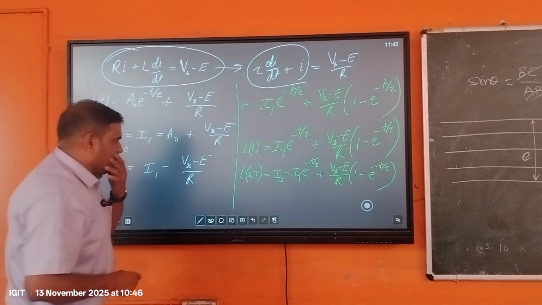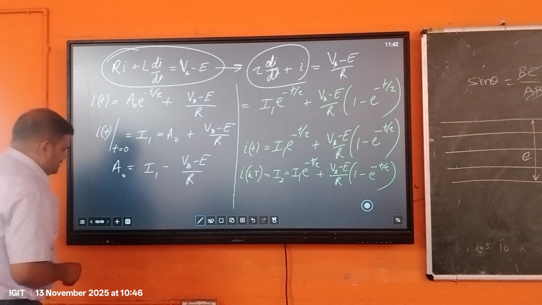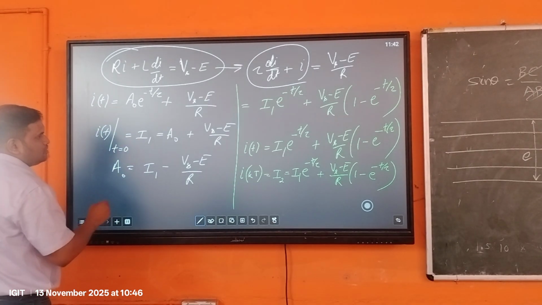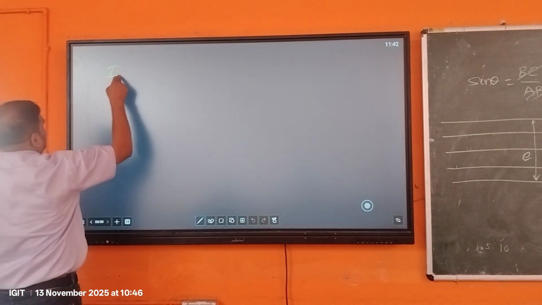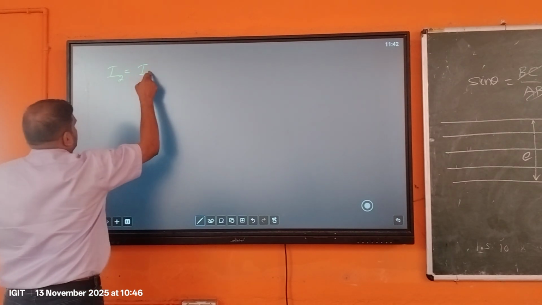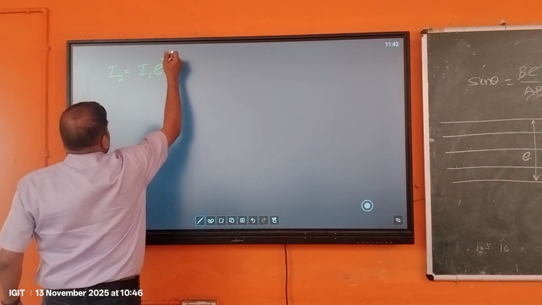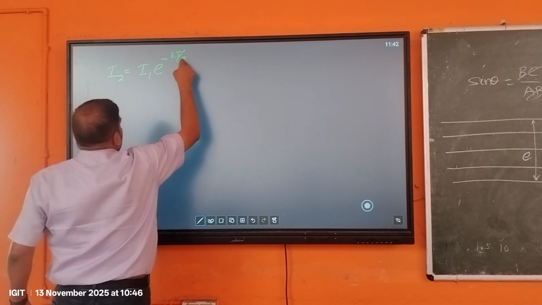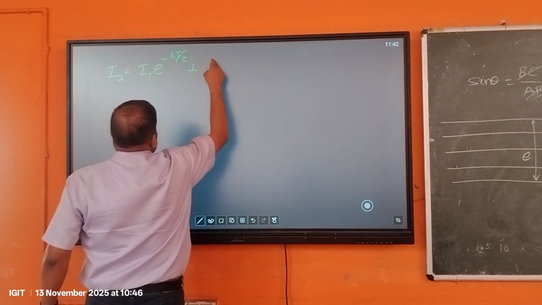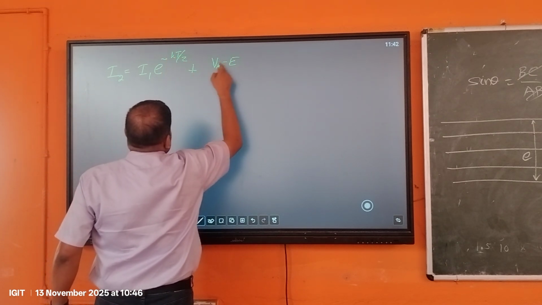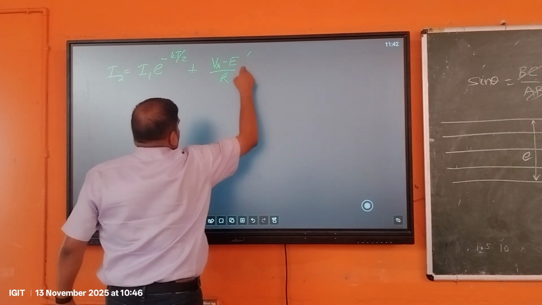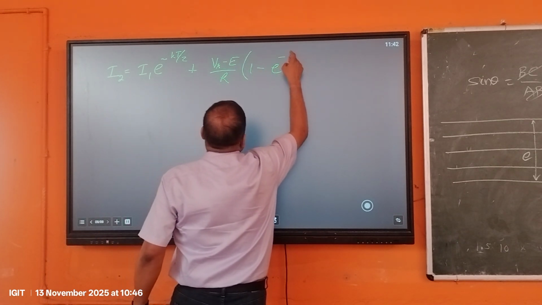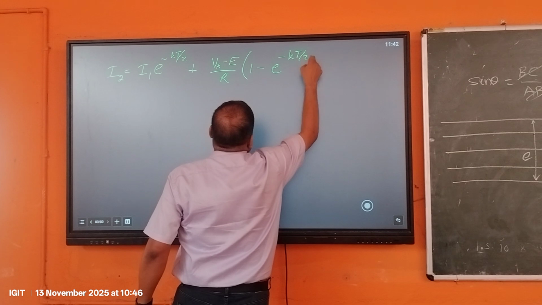Correct? Let me write down this entire thing on a fresh page. So what we get finally is I2 equal to I1 e to the power minus kt by tau plus Vs minus E by R times 1 minus e to the power minus kt by tau.